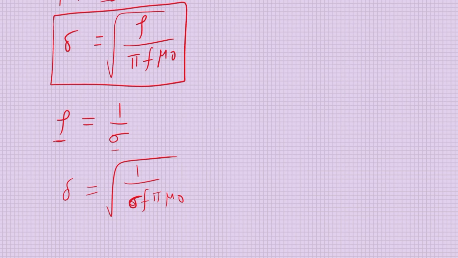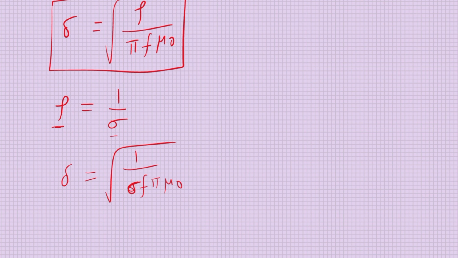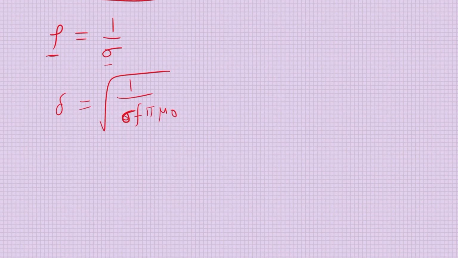We can also write this relation further in different ways. We know that w is equal to 2 pi f, so f is equal to omega by 2 pi.